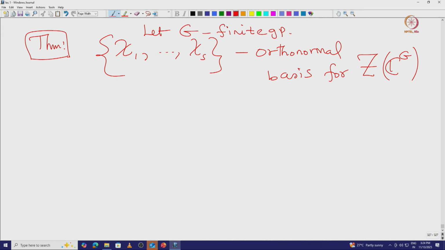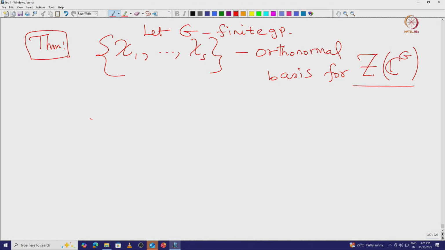That is an important assumption. So, we wanted to prove that the span of these chi i's is equal to the space of class functions.